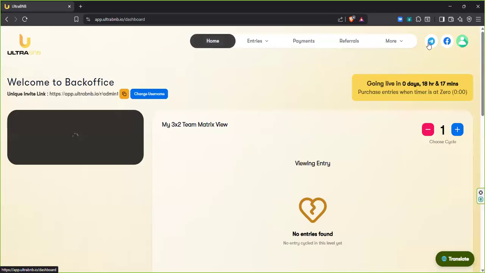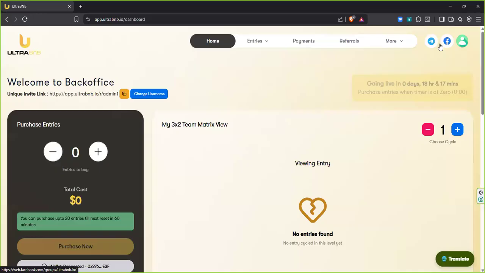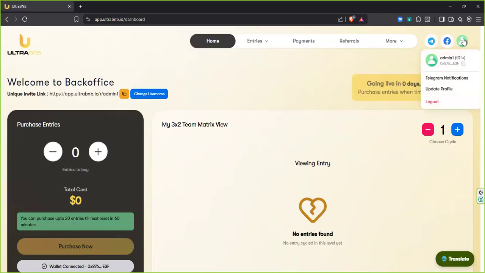Okay, on this top section, we have the social media handles, Telegram and Facebook, so you can join the community as well to follow up with updates. And here is your profile icon. When you click on your profile icon, you'll see the Telegram notification.